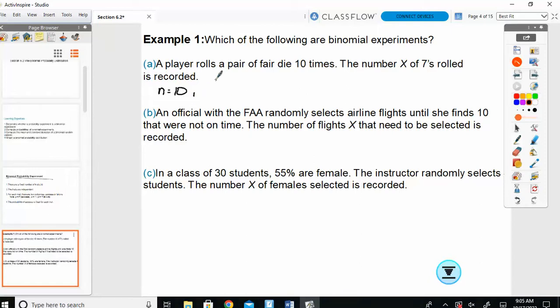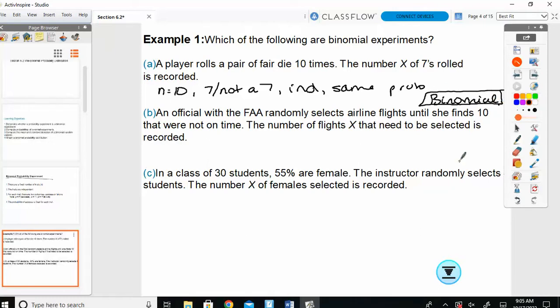Yes. So this would be binomial. So we have 10 trials. My outcomes are 7 or not a 7. They are independent. The same probability every time. So this is binomial. It meets the 4 requirements.